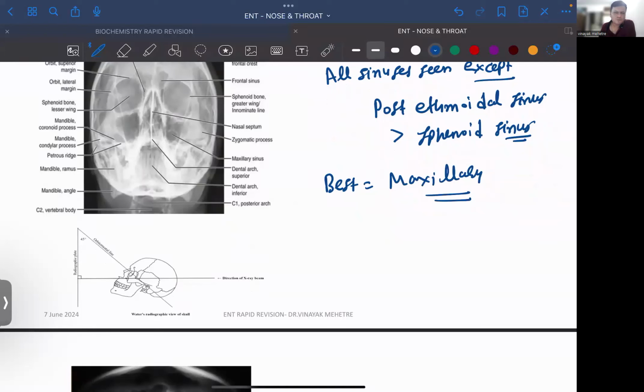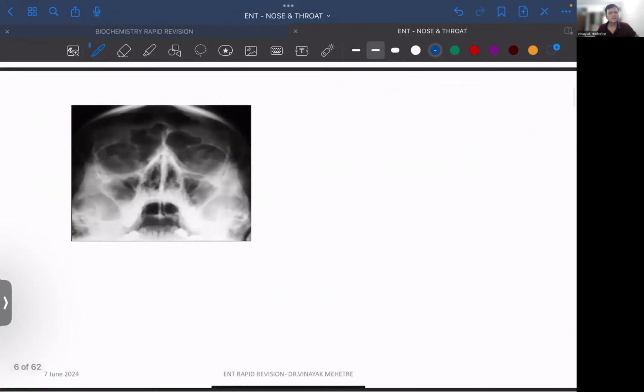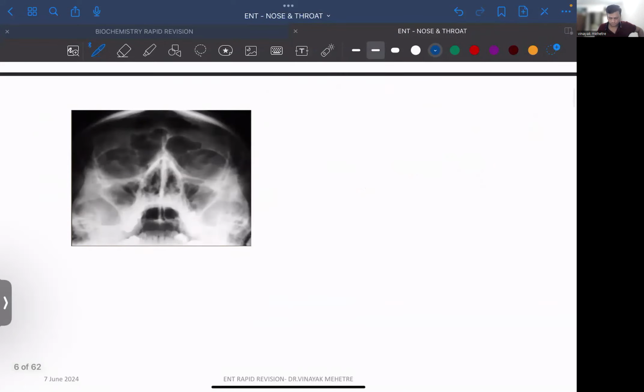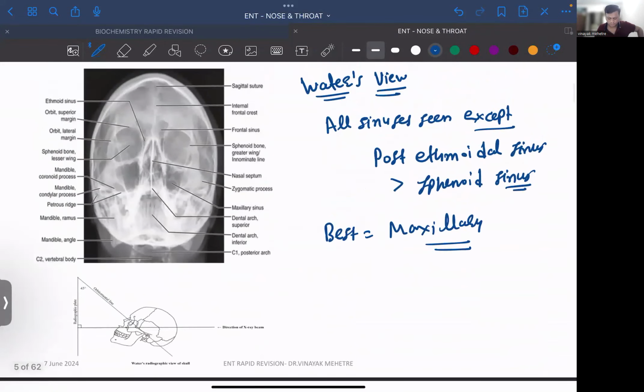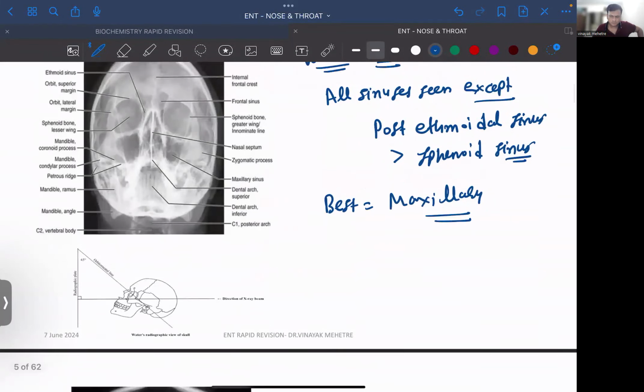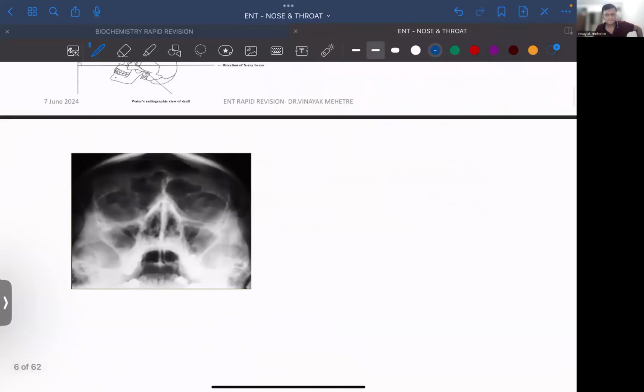Now tell me how to differentiate Water's view from which view? That is Perez view. Take a look again and take a look over here. What do you see?